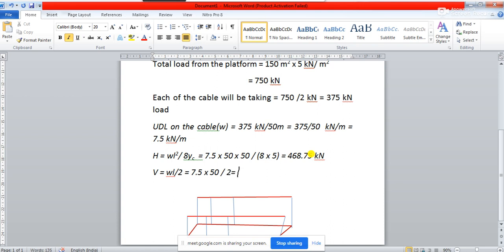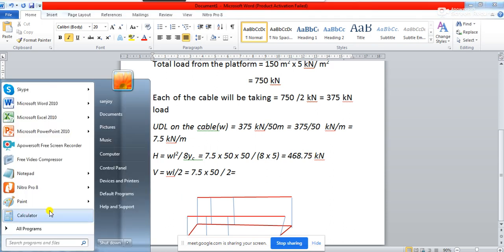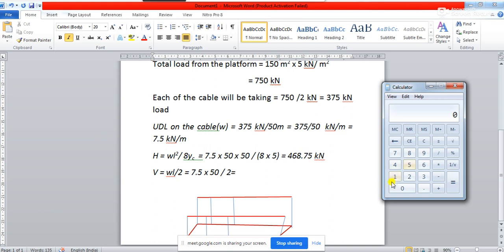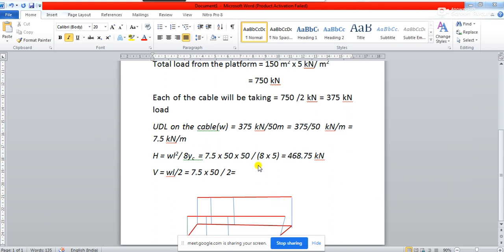That's going to be 187.5 kilonewton. Is it clear now?